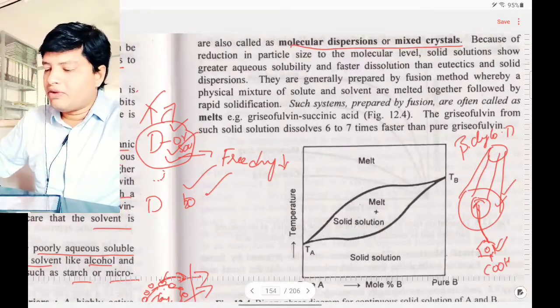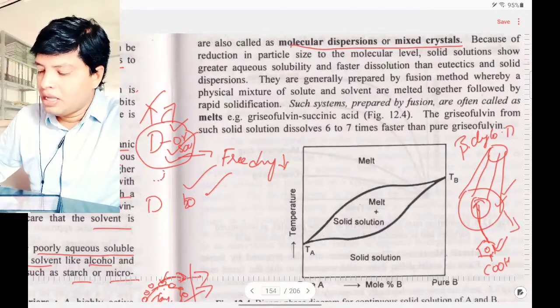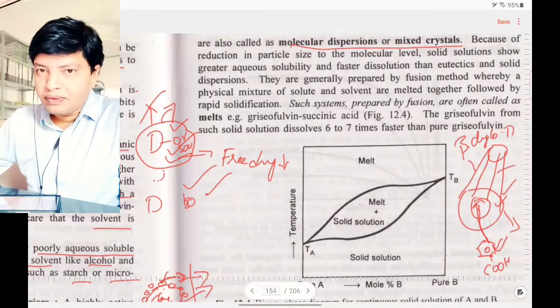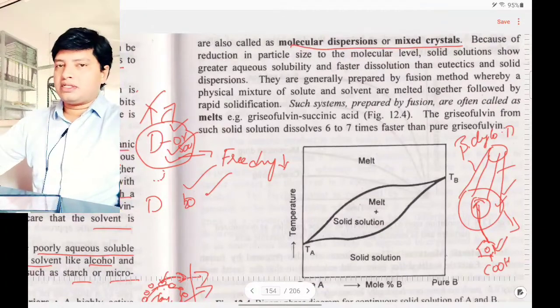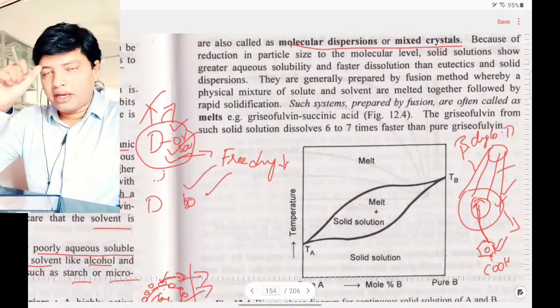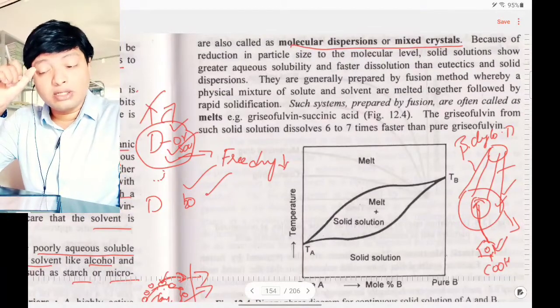Now when you add this beta cyclodextrin in water, because the outer surface of beta cyclodextrin is hydrophilic, it will get solubilized. So this is how the solubility will increase by converting them into solid solvents.